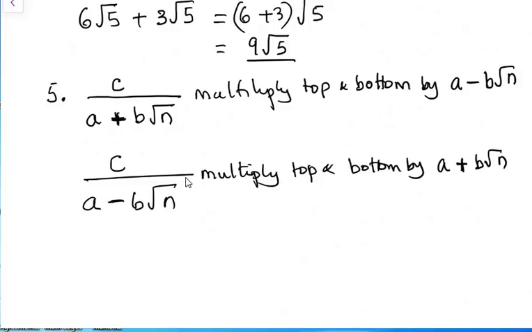So please be aware, anytime you have to rationalize where we have addition, in order for it to cancel out, you multiply the numerator and the denominator by the opposite sign. And in this case, if we have a negative, we multiply the numerator and the denominator by the positive sign.